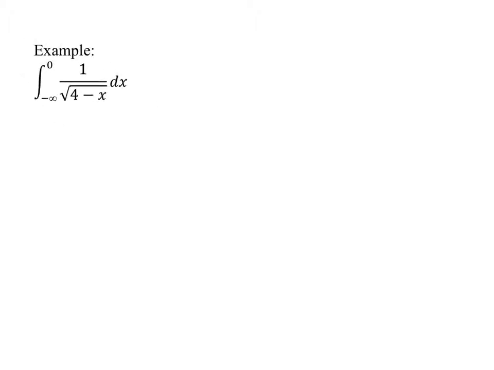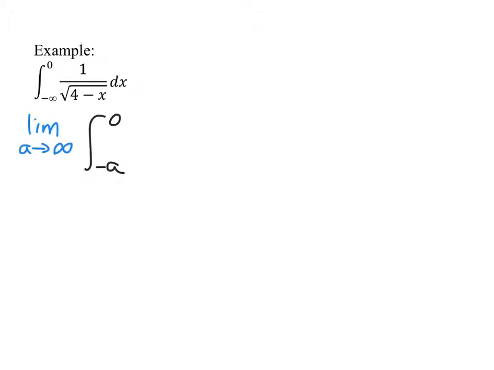All right, but if you have to do it using an analytic approach, this is what we'd have to do. So there's a couple of ways to handle it. One would be to replace the negative infinity with a negative a, and make the limit, let me do that in blue for consistency, limit as a approaches infinity.